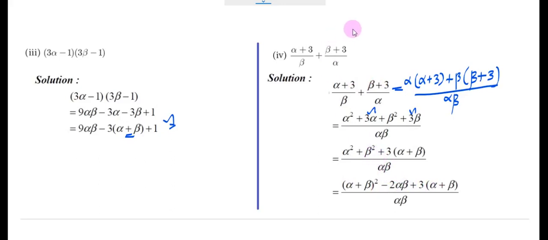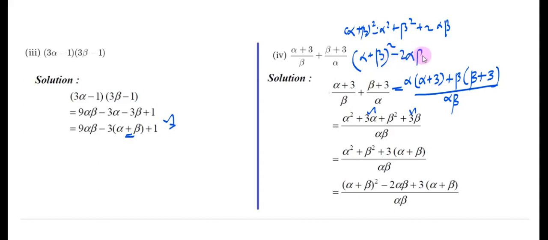And previously I told you, no, alpha plus beta the whole square means alpha square plus beta square plus 2 alpha beta, and we will move this 2 alpha beta to the left side. Already we have alpha plus beta the whole square minus 2 alpha beta equal to alpha square plus beta square.